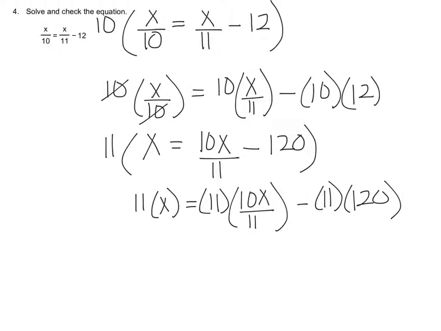When I multiply through, I get 11x equals 10x because the 11's cancel, minus 11 times 120, which is 1,320.